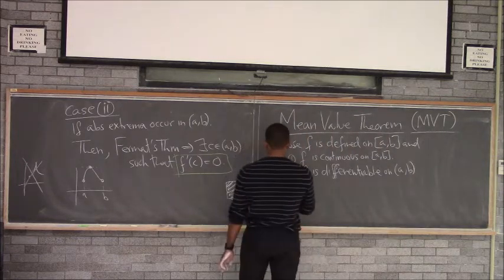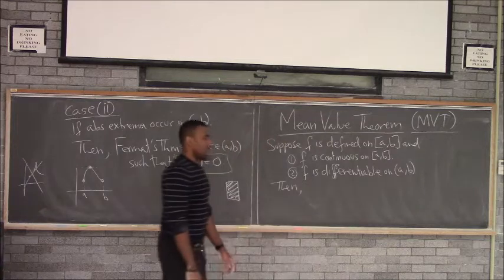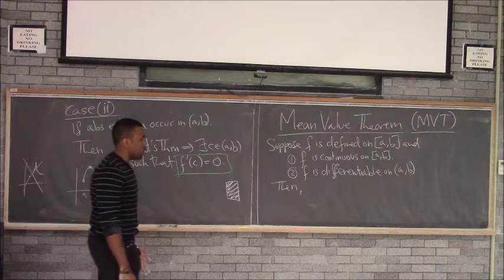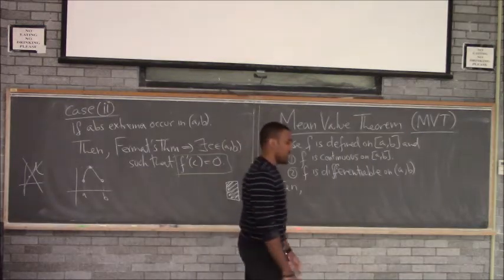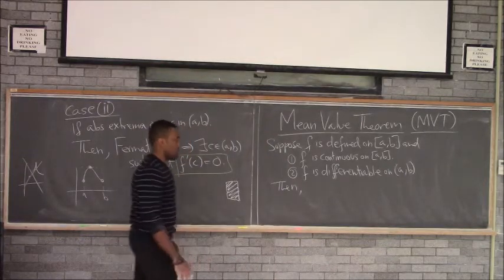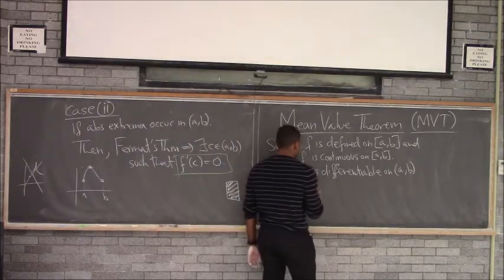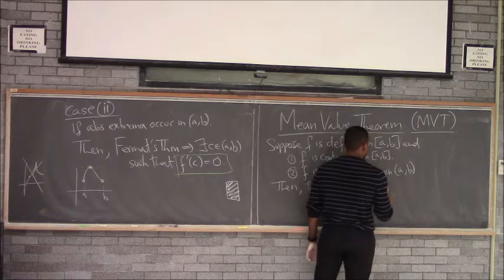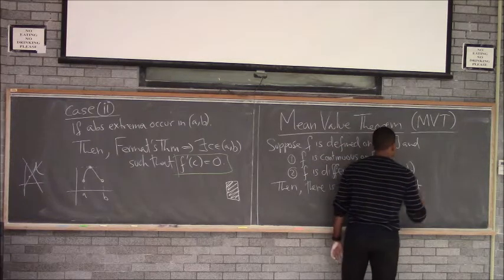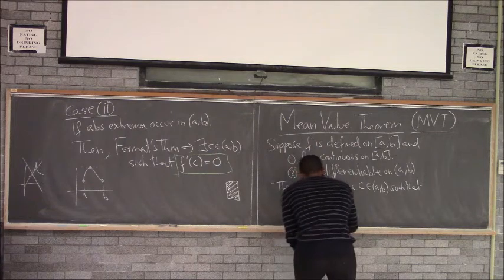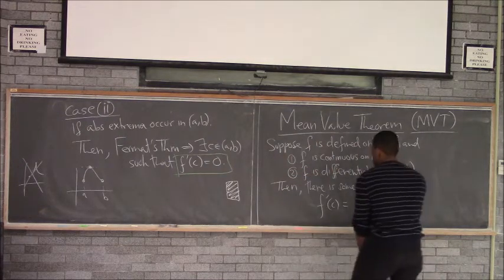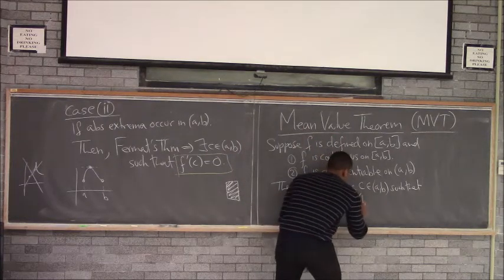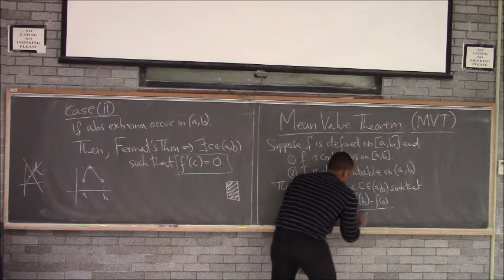That's it. Those are all the assumptions we're making. So I'm not making any assumptions about the endpoints. I have a function that's continuous on the closed interval, it's differentiable on the open interval. There is a conclusion that I can make about this function. There is some c in the open interval such that f prime of c is going to be equal to the mean rate of change, the average rate of change, f of b minus f of a over b minus a.